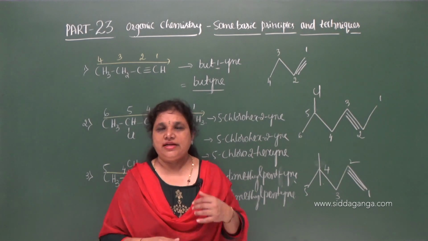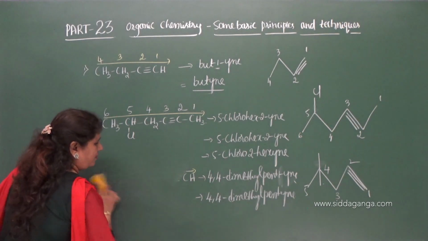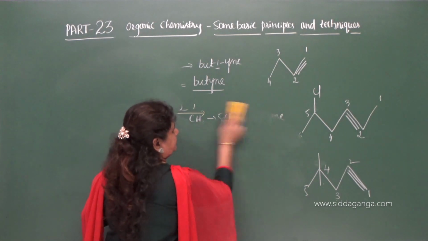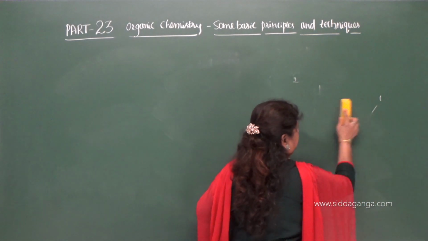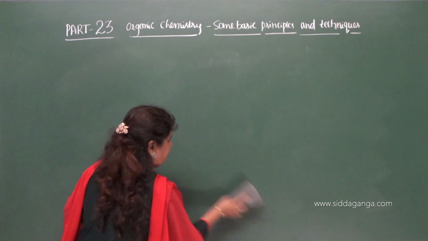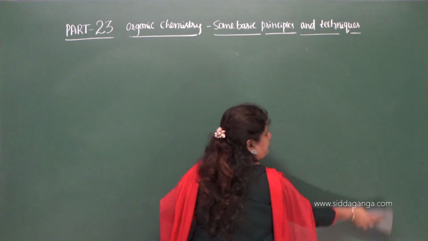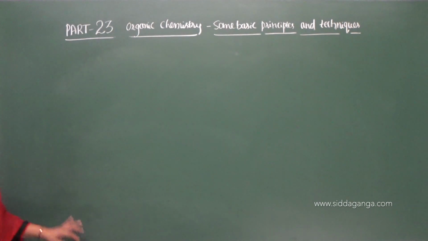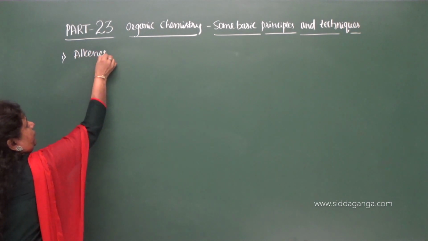the organic compound. Let us start with the alkenes itself. So let us start with alkenes. Write down the table. First one, alkenes.